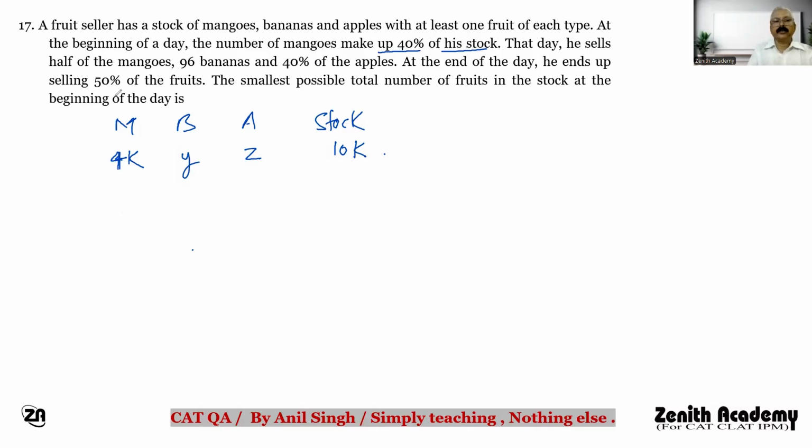At the end of the day, he ends up selling 50% of the fruits. It means he sold 2K mangoes, 96 bananas, and 40% of Z, and this is equal to 5K.